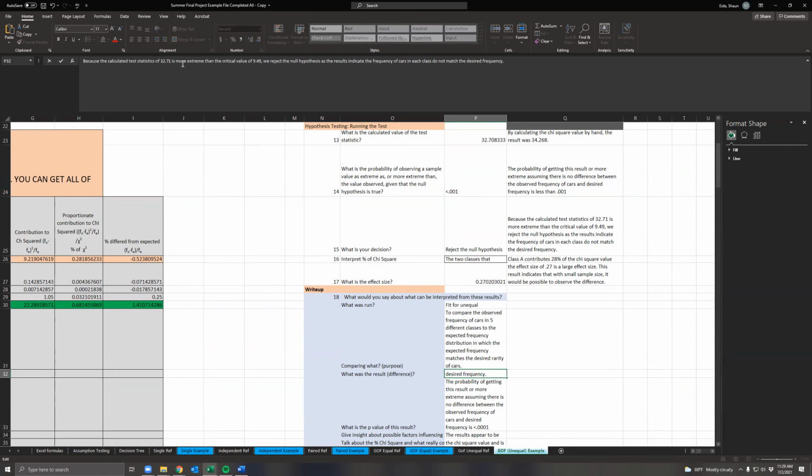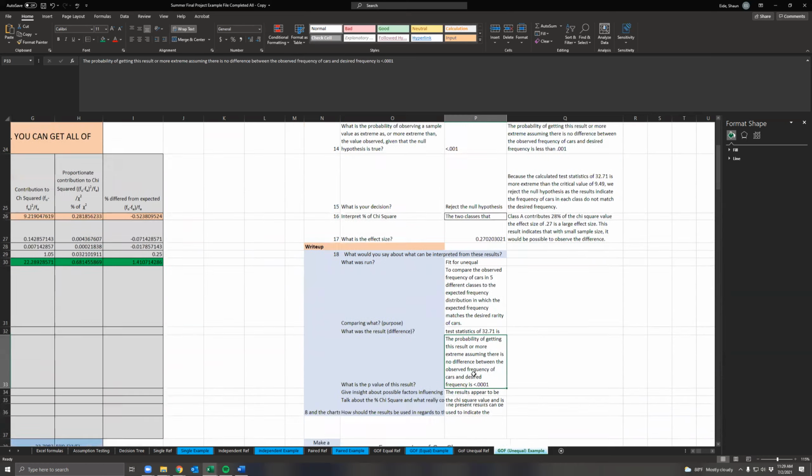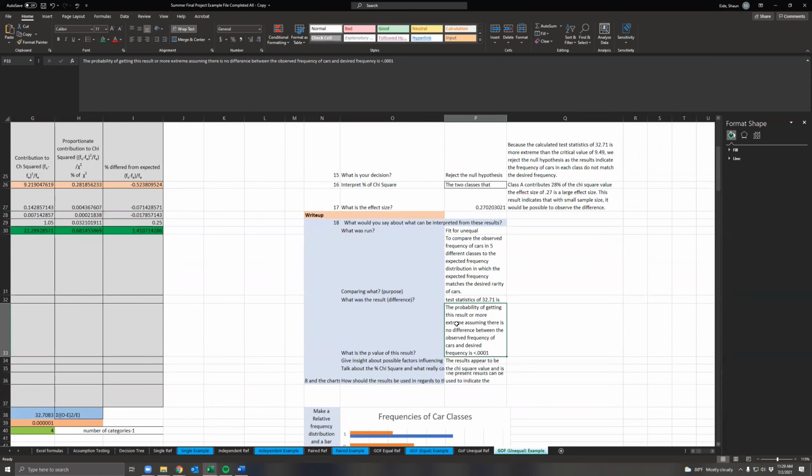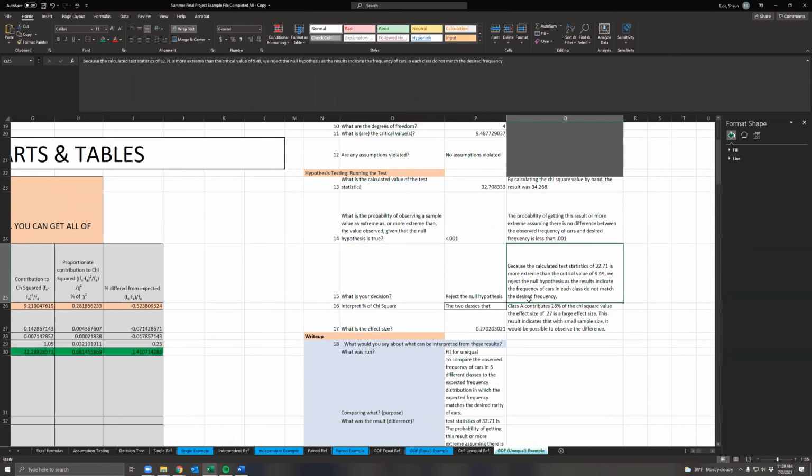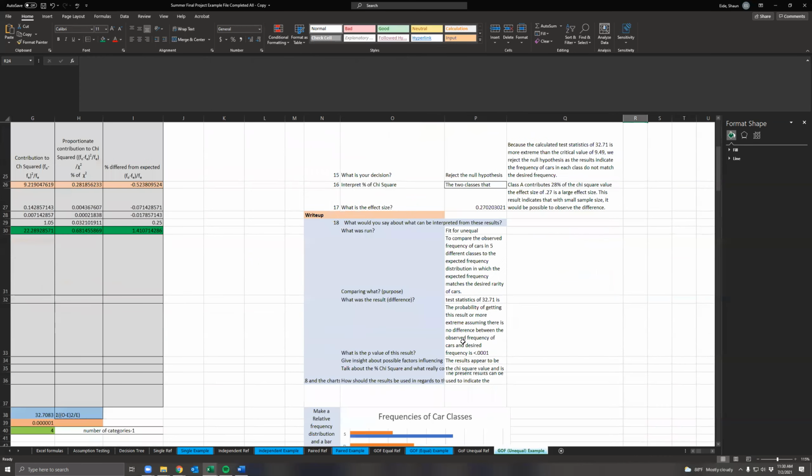Because the calculated test statistic of 32.71 is more extreme than the calculated value of 9.49, we reject the null hypothesis, as the results indicate the frequencies of cars in each class do not match the desired frequency. And then what is the p-value, or the probability of getting your results? Once again, you can just copy this, Control C, and just put this right here.